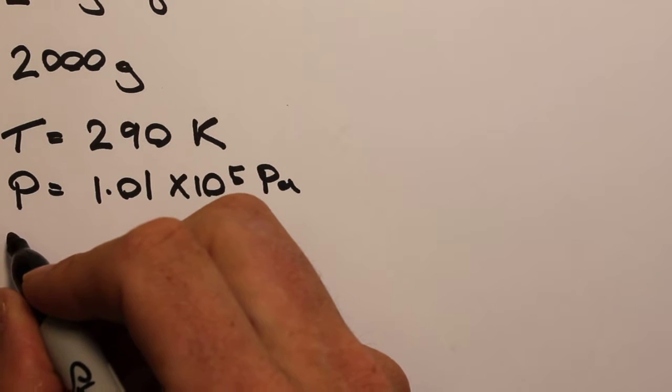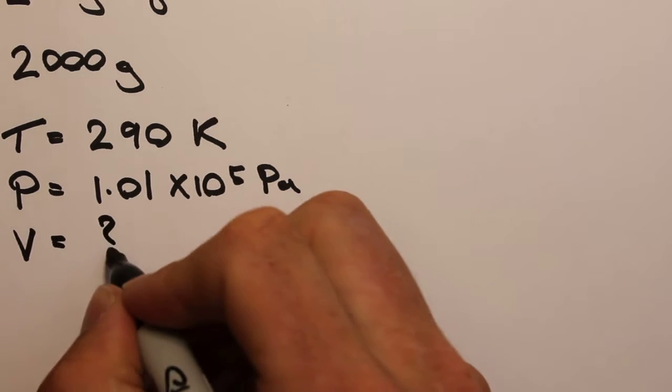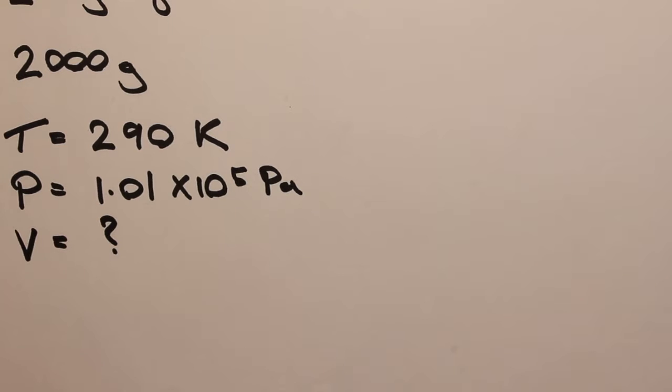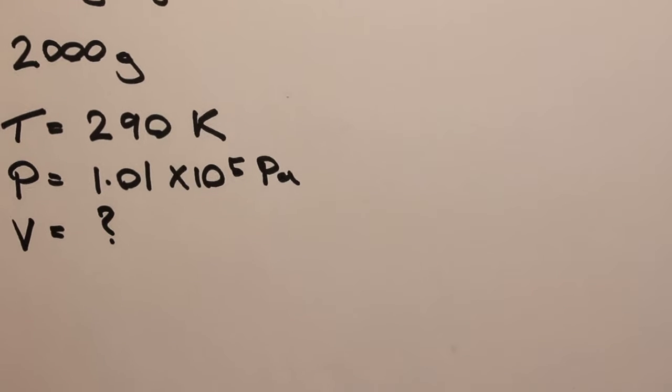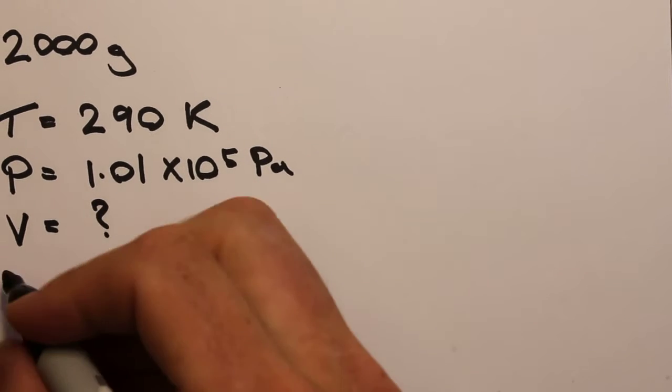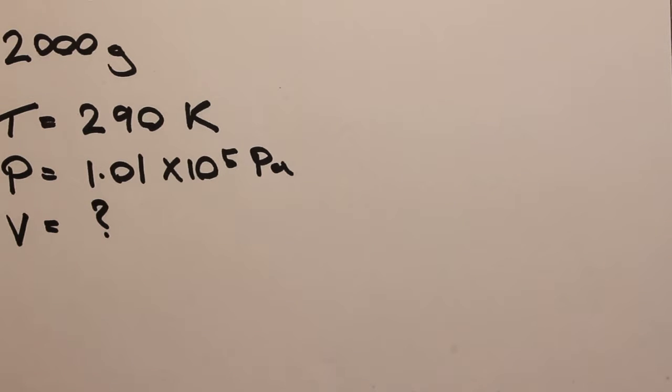We're looking for the volume. That's our question mark. What volume does this gas occupy when it's released from the fire extinguisher? This is all the information that we're told so far. We're not told any other information.